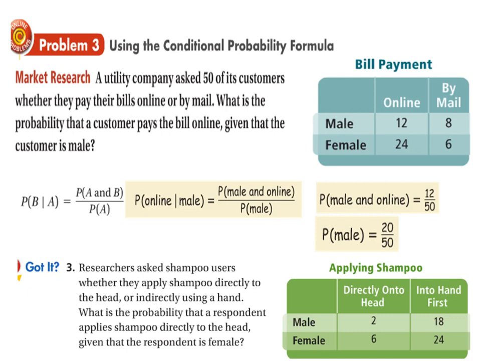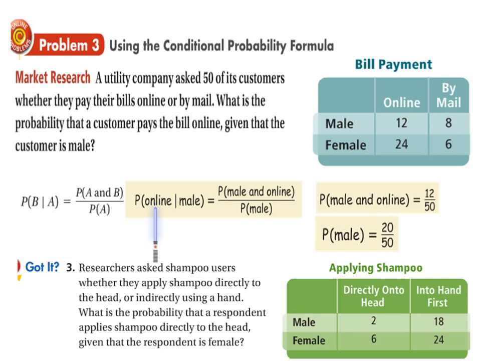practice using our formulas. So in this first question here, we've got a utility company that asked 50 of its customers whether they pay their bills online or by mail. What is the probability that a customer pays the bill online given that the customer is male? So you can see here our formula, and then here we translate our different A's and B's.